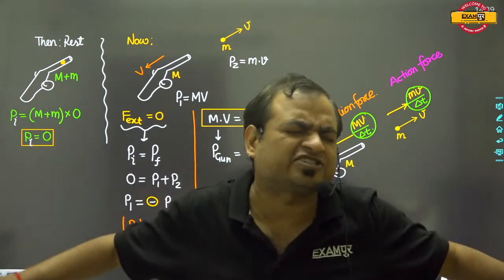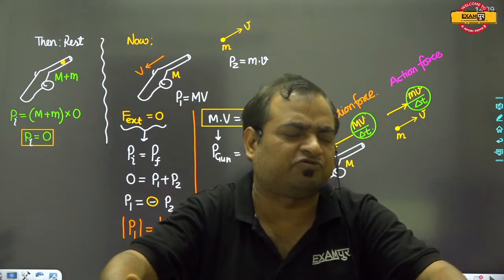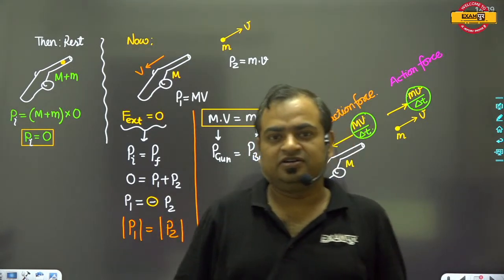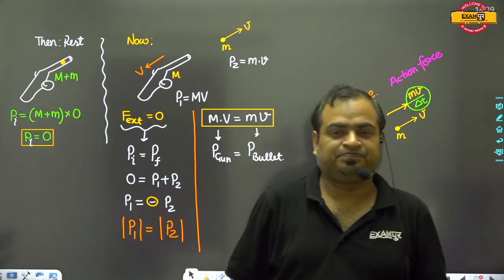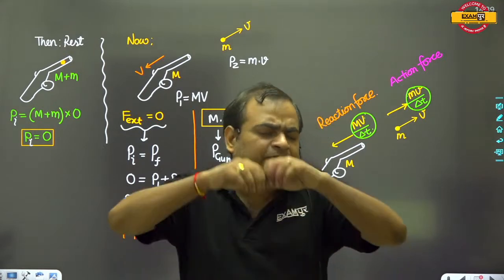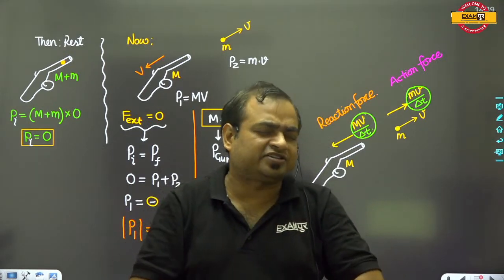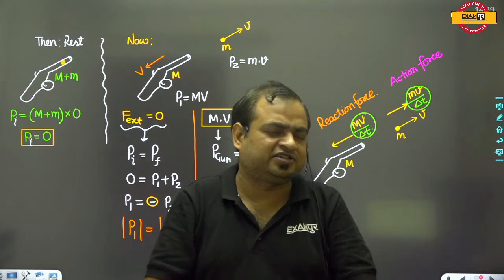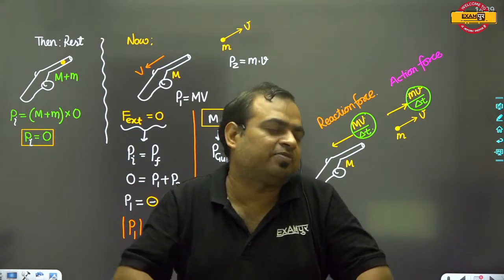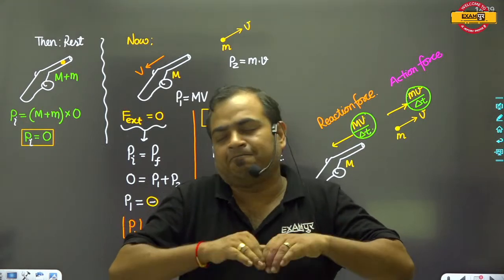Similarly, in the case of a rocket, the hot gases apply force in the backward, downward direction, and the rocket receives a huge amount of force in the upward direction, like this.